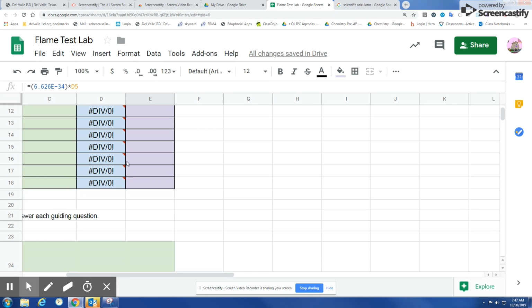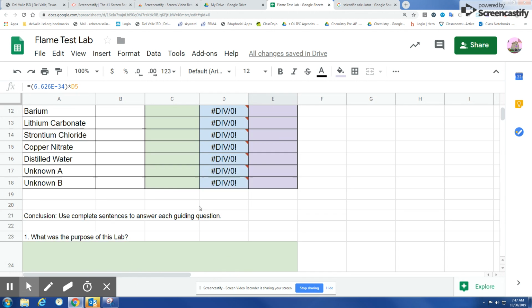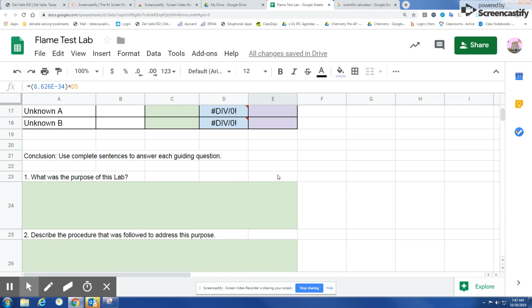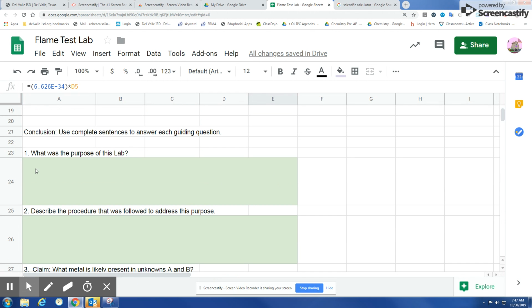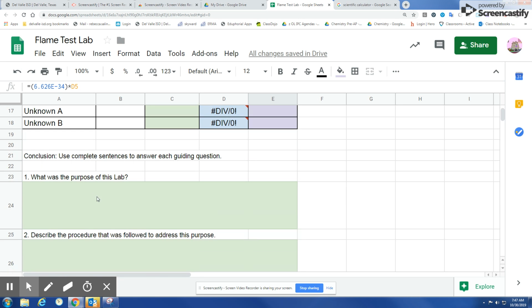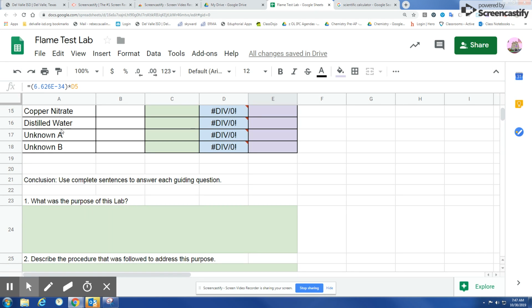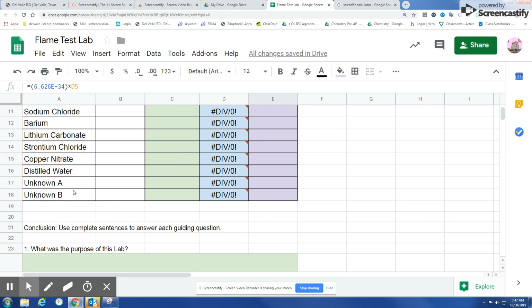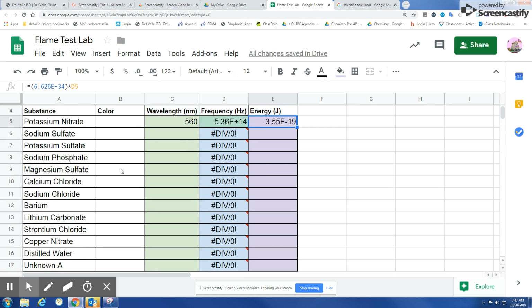All right. Then on the bottom of your spreadsheet, you have what is basically your lab report. Make sure you answer in complete sentences. The purpose of this lab, remember, is about these unknowns. We want to figure out what they are based on what color they turned. So you'll look at your data up here.